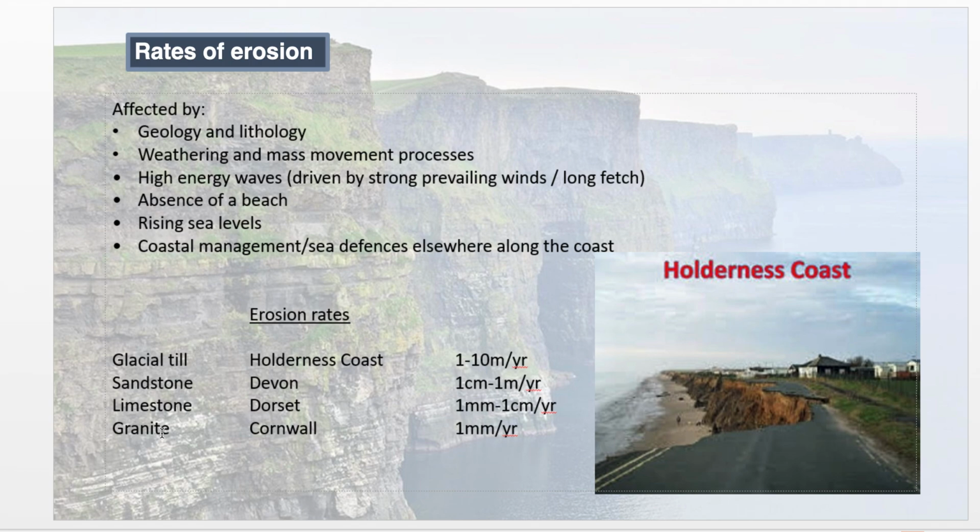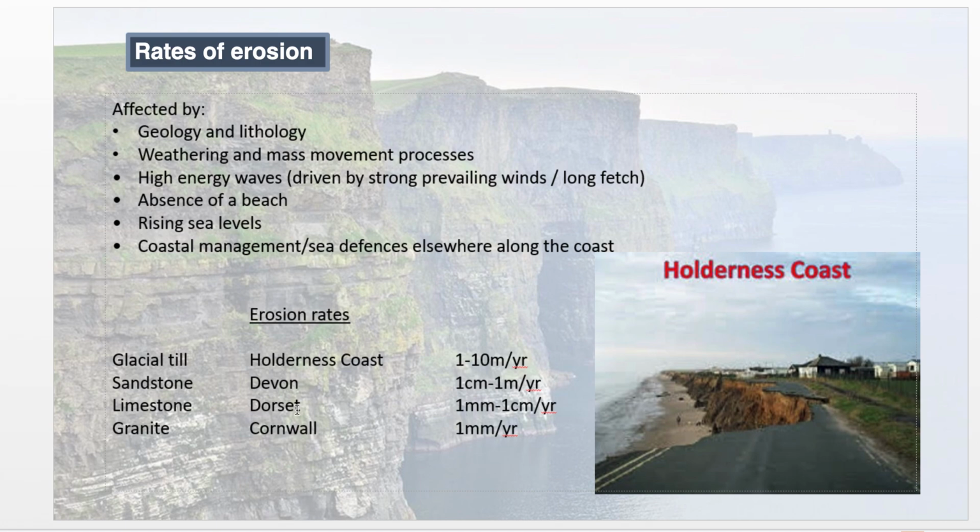If you look at these different types of rock and their erosion rates in different parts of the UK, we have sandstone cliffs of Devon. Again, fairly easily eroded to some extent because sandstone is a sedimentary rock. And then we have the limestone cliffs of Dorset. We've got other rocks in Dorset, obviously.